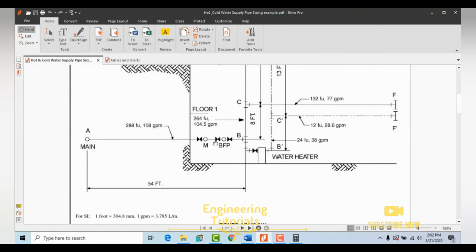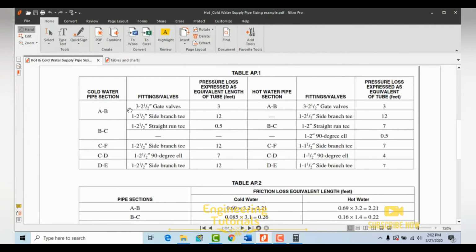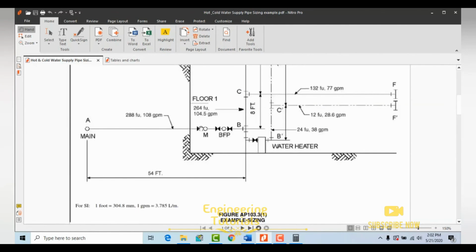We have 1, 2, 3 gate valves and 1 side branch T. We already know the size, so that's 2.5 inch gate valves and one 2.5 inch side branch T. This is the side branch T over here, and three 2.5 inch gate valves.